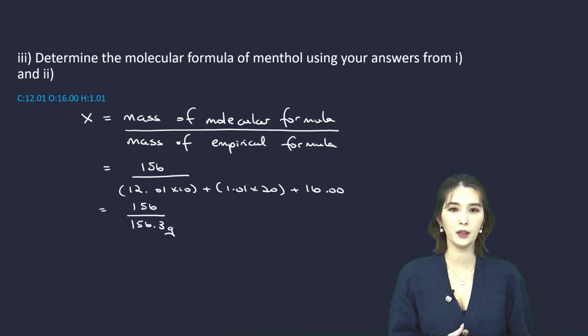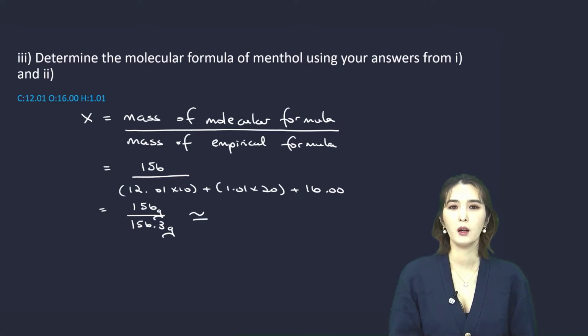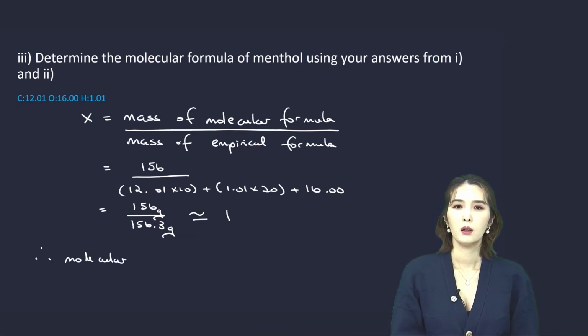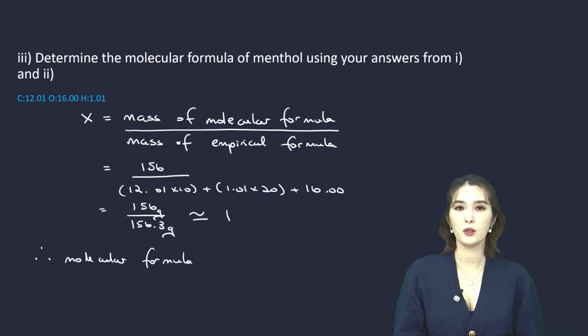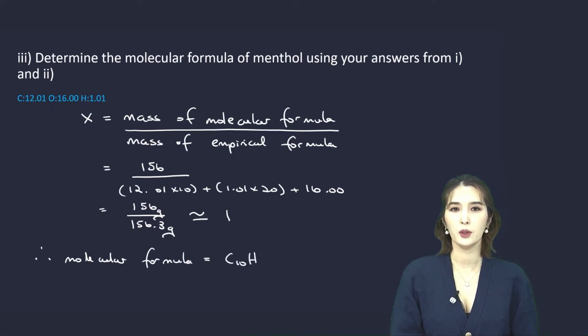So roughly 1. And so therefore, the molecular formula for menthol is not any different to its empirical formula. And the molecular formula that we just worked out is C10H20O.